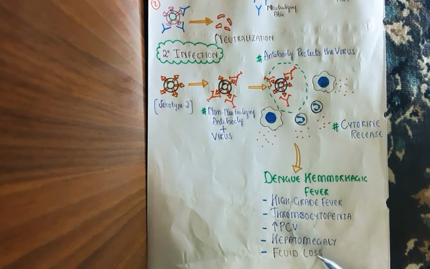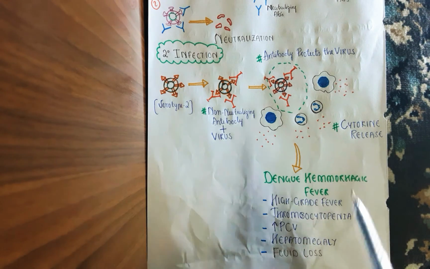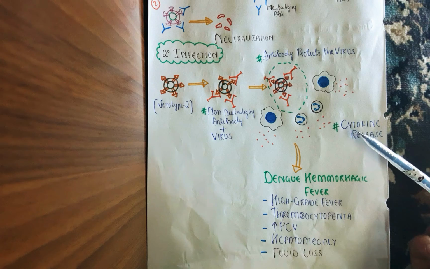Then it will lead to increased PCV, that is increased packed cell volume, secondary to fluid loss. Then there may also be cytokine mediated cellular damage, which may lead to hepatomegaly, and at last, as I said, there will be fluid loss. So all these manifestations are due to cytokine release.